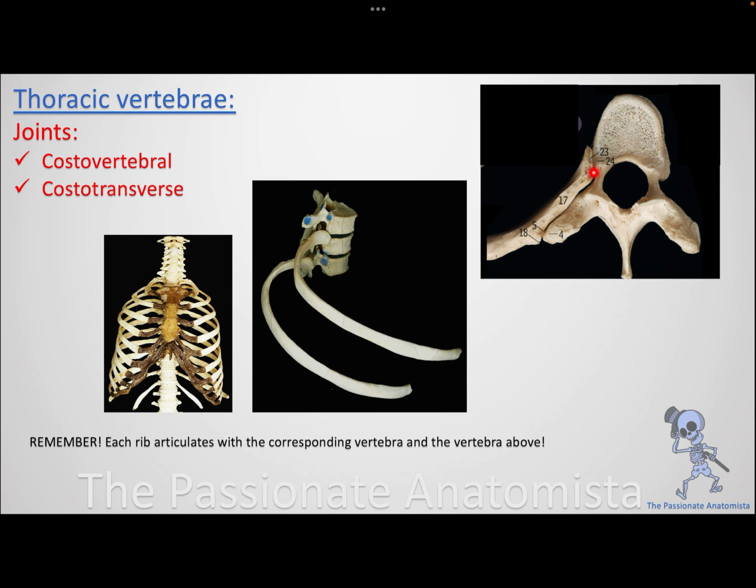The inferior one is for the corresponding vertebra, because each rib articulates with the corresponding vertebra and the vertebra above. So the inferior one is with the corresponding vertebra, and the superior one is for the vertebra above. And then the tubercle articulates with the transverse process of the thoracic vertebra. All right, now this is regarding the typical ones.